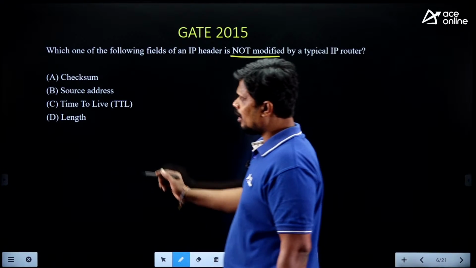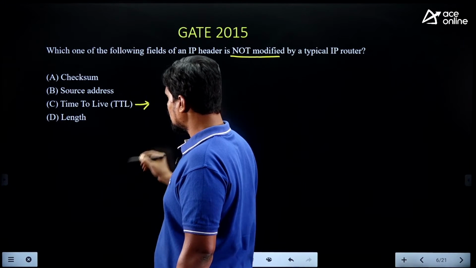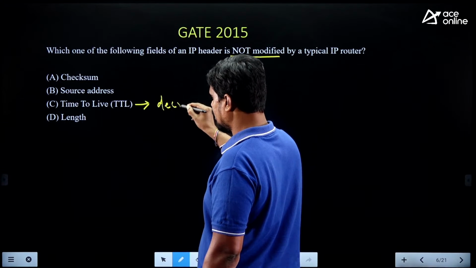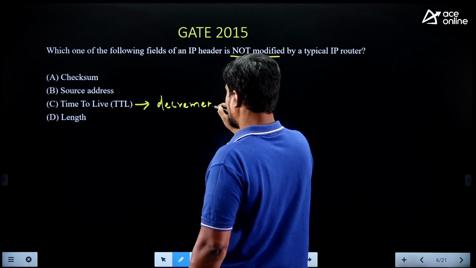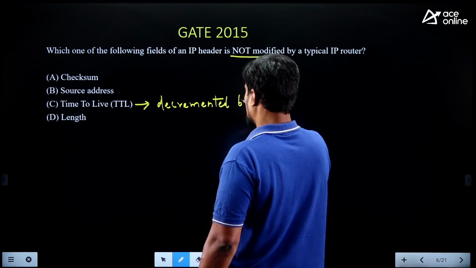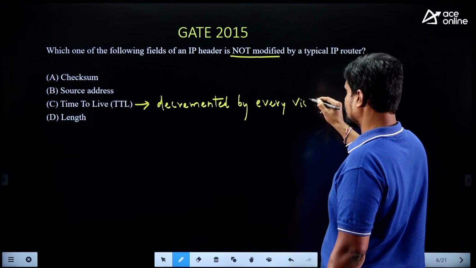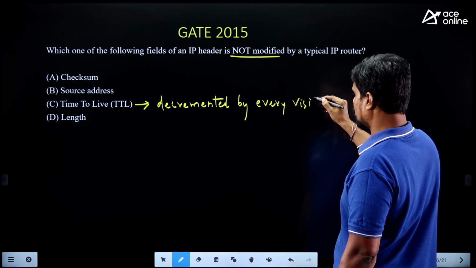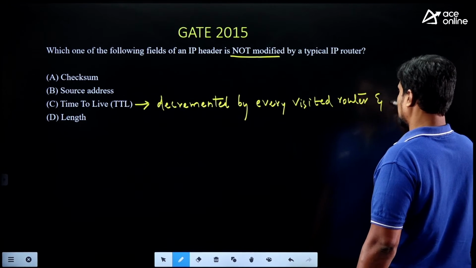Now look at TTL, time to live. The TTL value is decremented by every visited router, and the destination also.